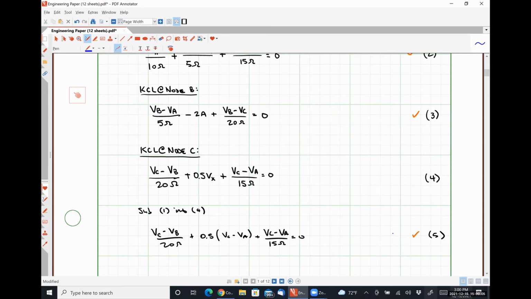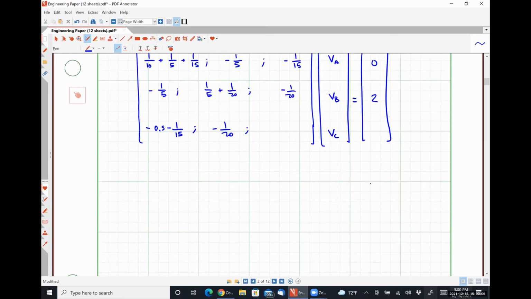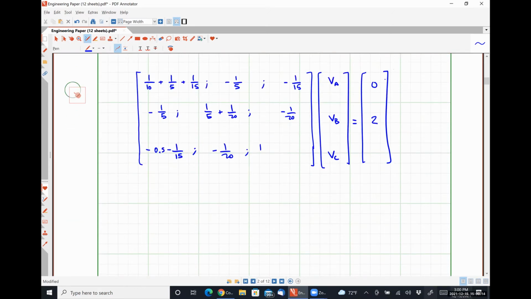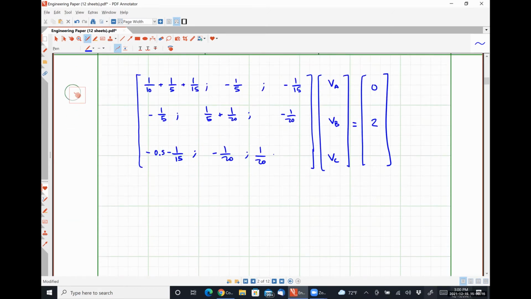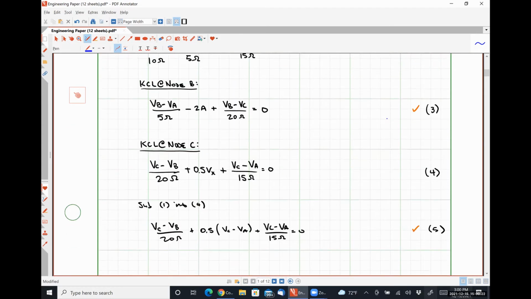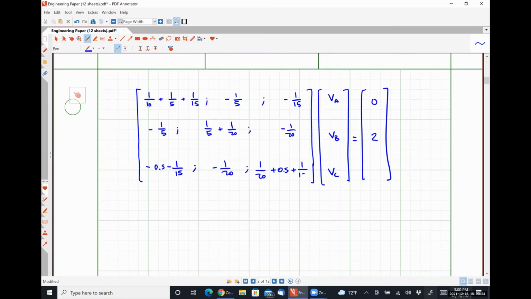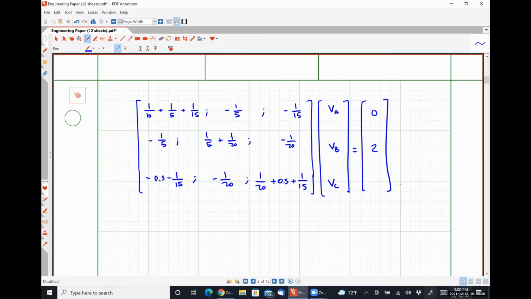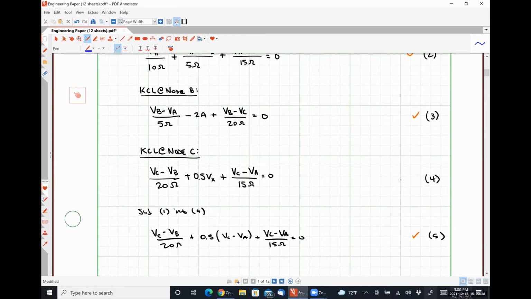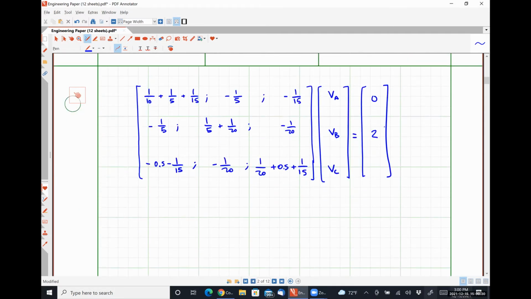Because VC shows up 3 times, so it should be the sum of 3 coefficients. It's 1/15, yeah, there we go. And this is going to be equal to 0 because there's no constant term.